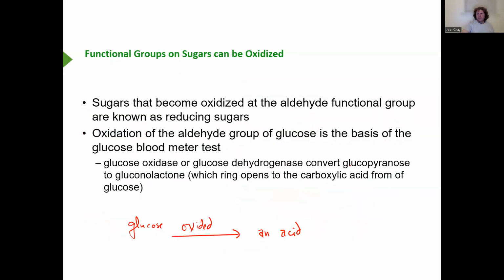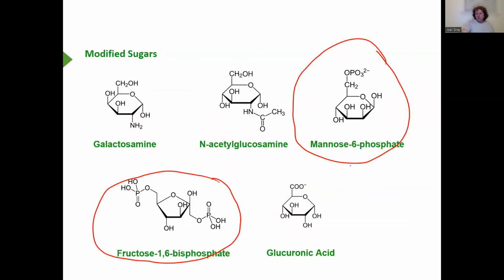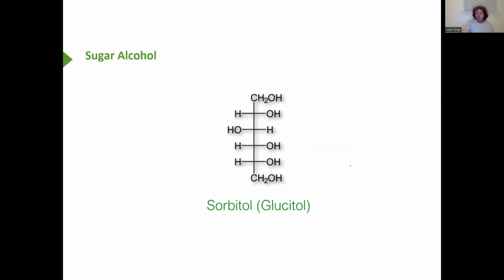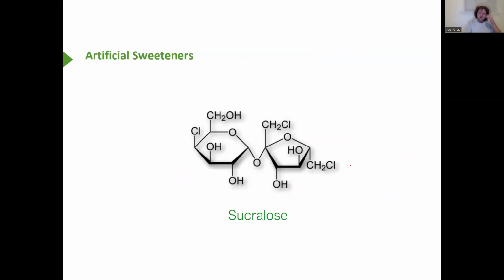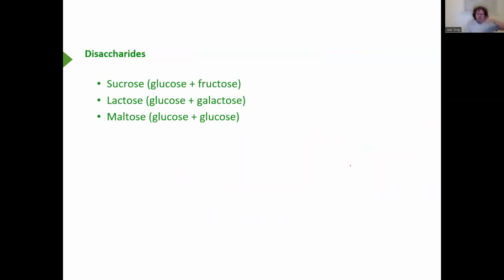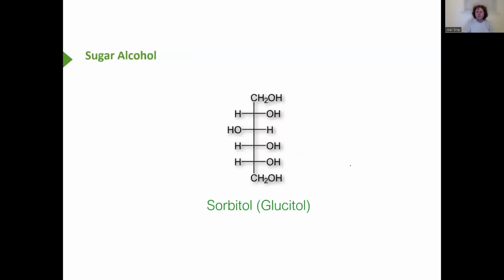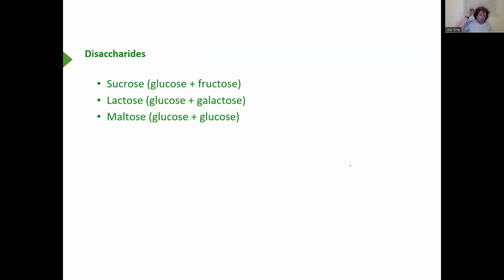And that is the way that we form a glycosidic linkage. Those glycosidic linkages are the basis for the formation of higher order structured sugars. Sorry, those two can skip out. So don't worry about sorbitol or sucralose.